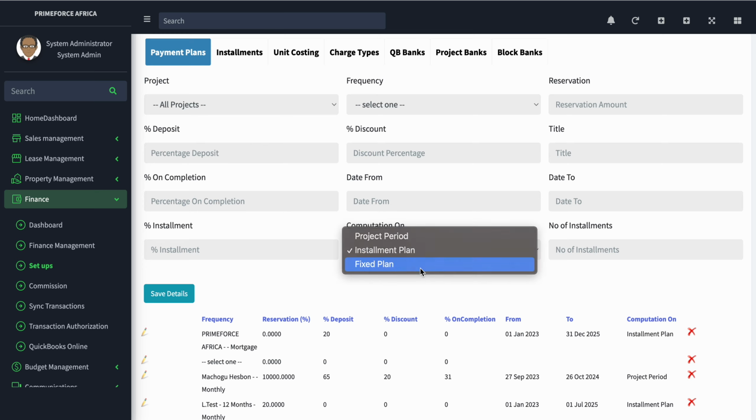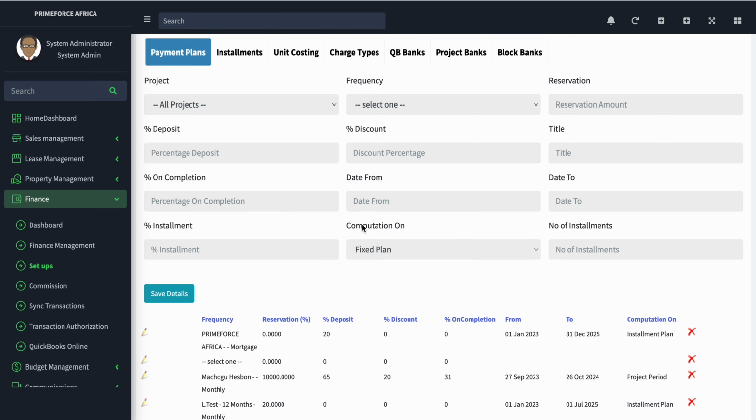And lastly, the fixed plan. Here you're able to state that the total percentage is based on a fixed number of installments. So where you're stating that you have 10 installments and those 10 installments then would all be of 10% and it does not determine the percentage based on the date from date to period.